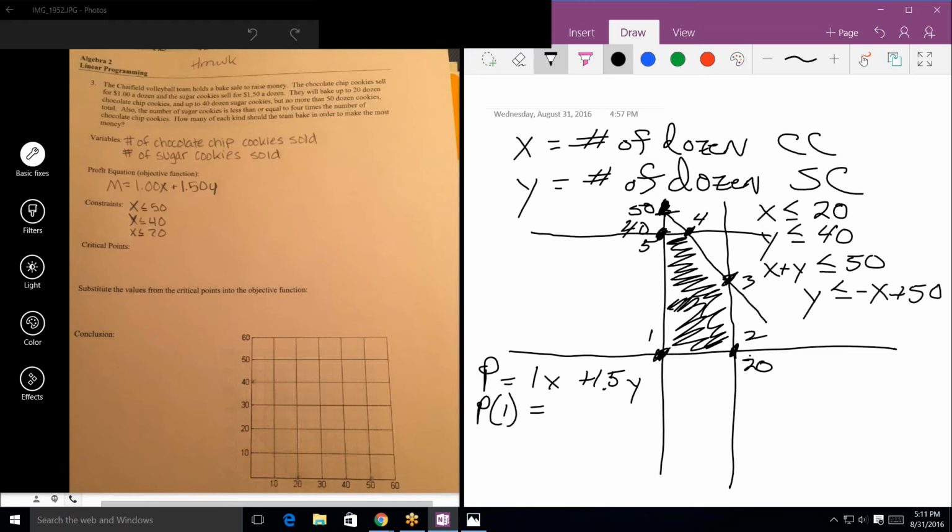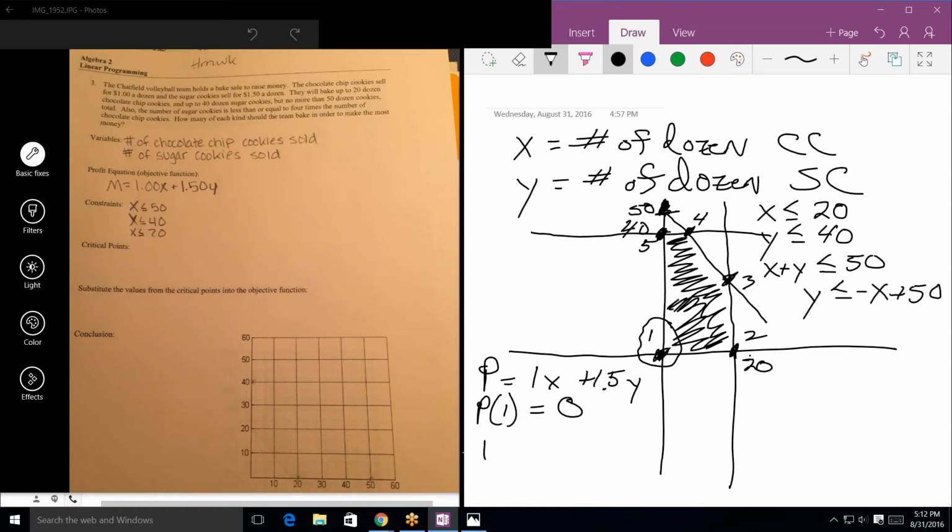So it would be 1 times 20 plus... No, we're looking at this point right here, point 1. What are the coordinates on point 1? That's the origin. 0 and 0. Okay, that makes sense. When I plug them in, the profit from that point is 0.